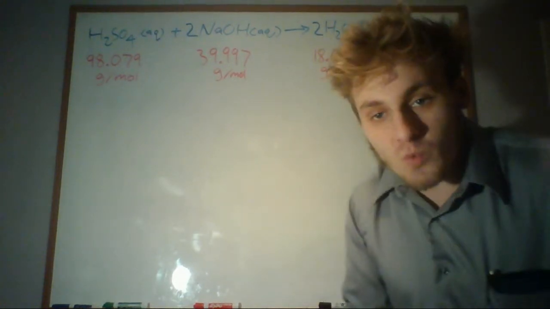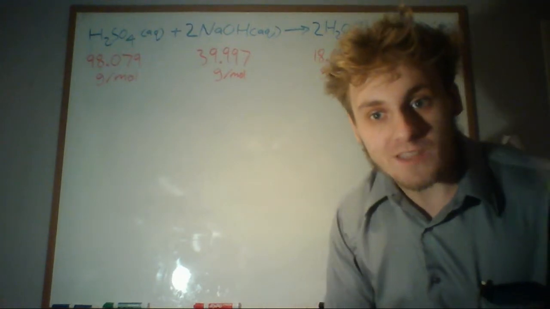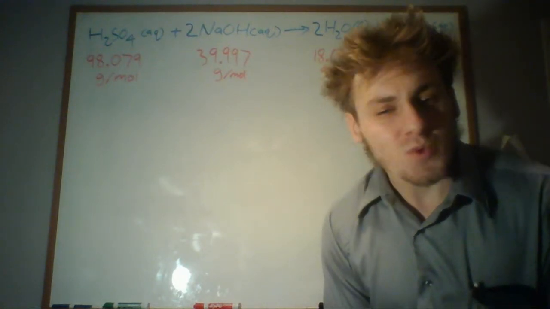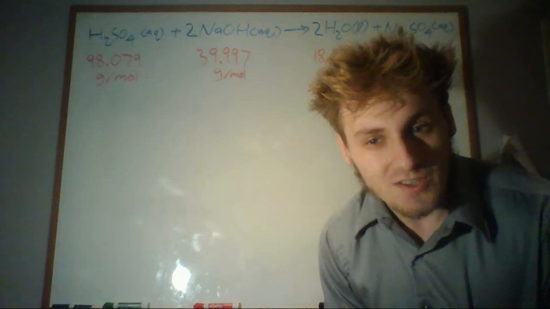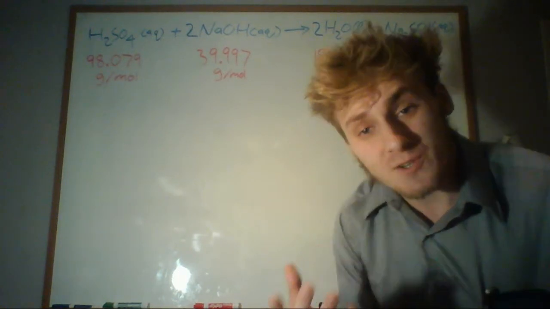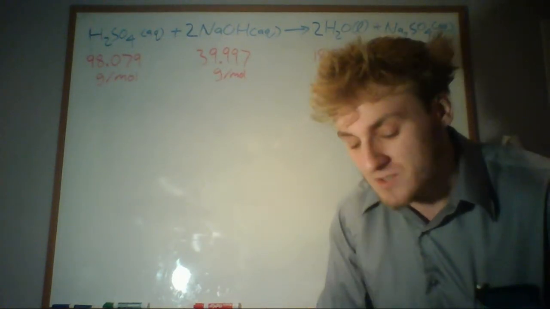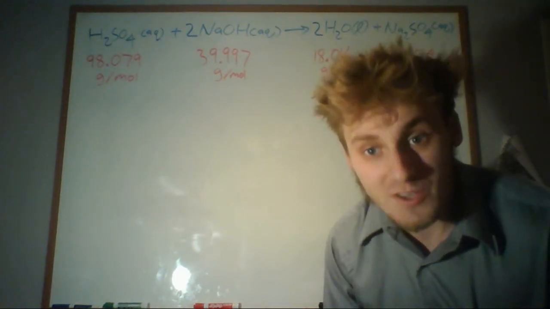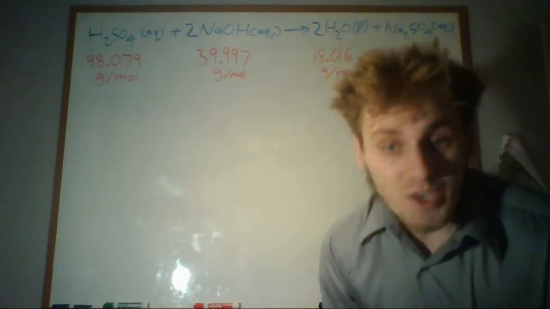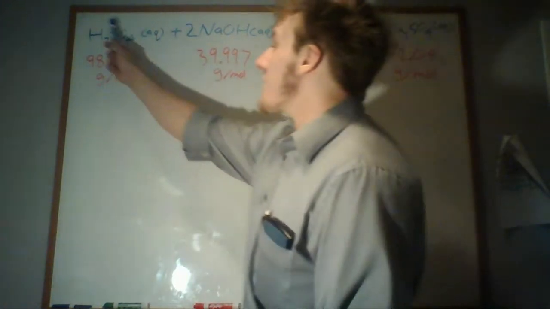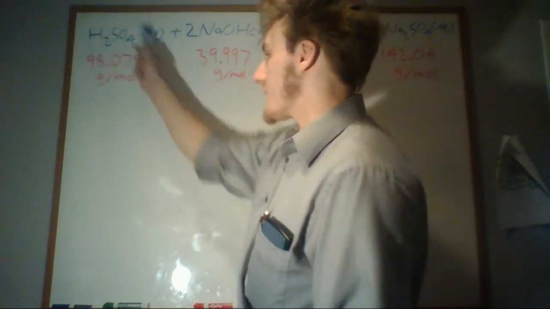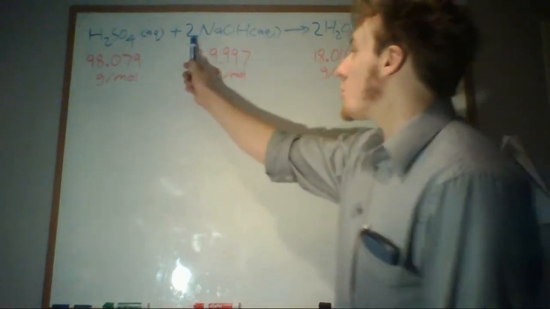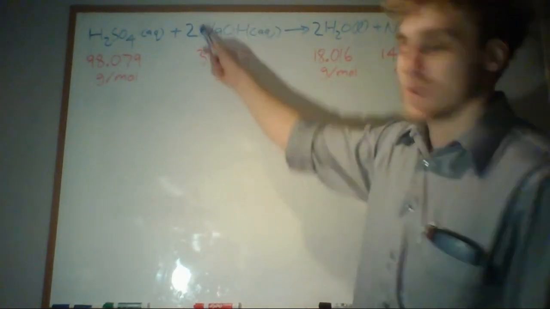Now that's one scale that we can look at this reaction. There's another way we could look at this reaction though. Instead of looking at it in terms of moles, we could look at it at a smaller scale, in terms of molecules and formula units. So we could say that for every 1 molecule of sulfuric acid, we'll have 2 formula units of sodium hydroxide.